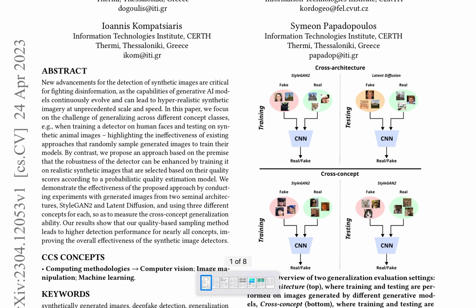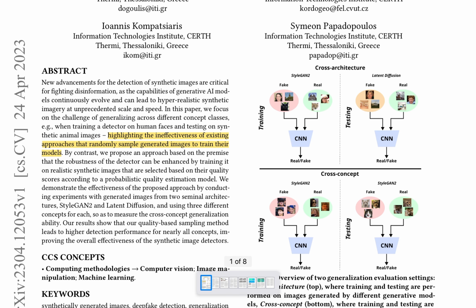For example, when training a detector on human faces and testing on synthetic animal images. So that's what they mean by cross concepts, highlighting the ineffectiveness of existing approaches that randomly sample generated images to train their models.